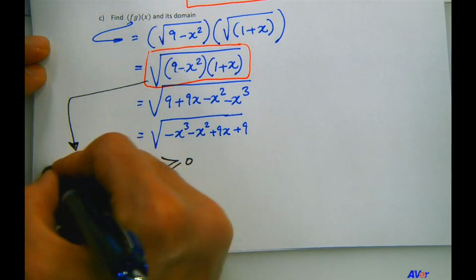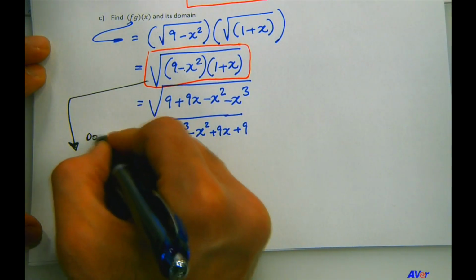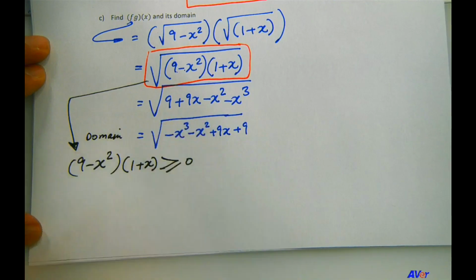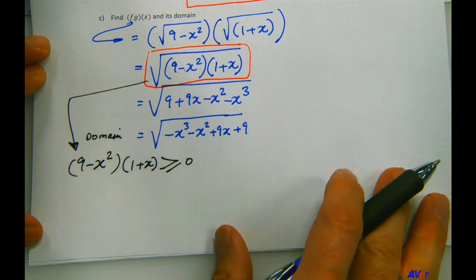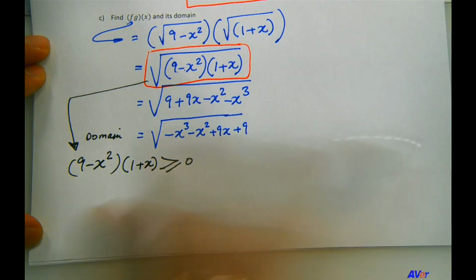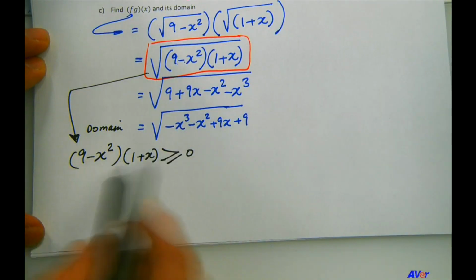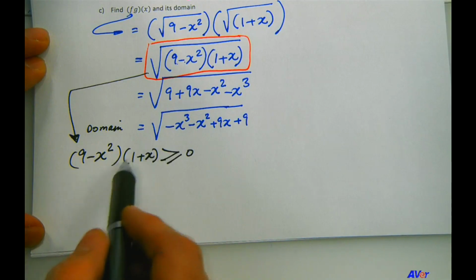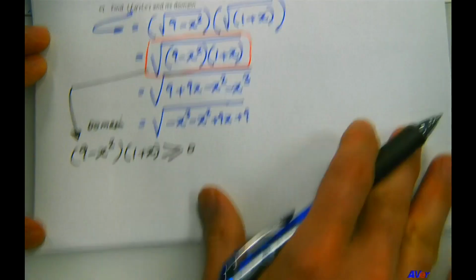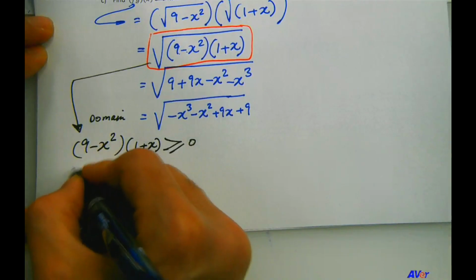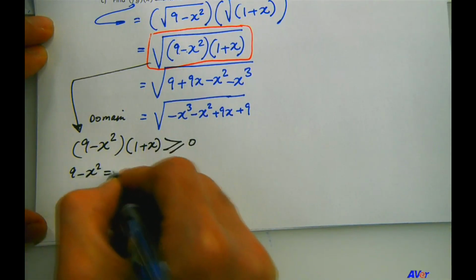This is for the domain of the combined function. Okay, so we've talked about this before, right? We have here a factored form on the left. So let's find the boundary solutions. So 9 minus x squared equals 0.